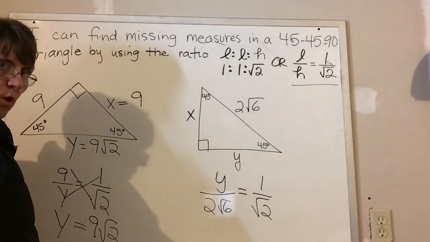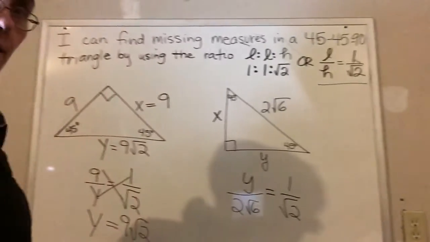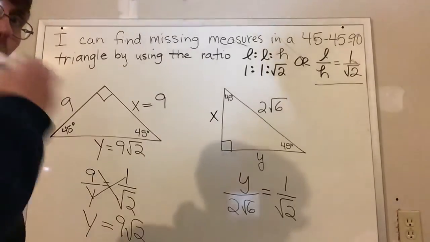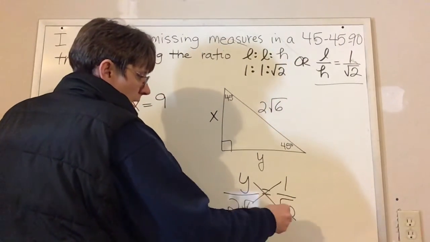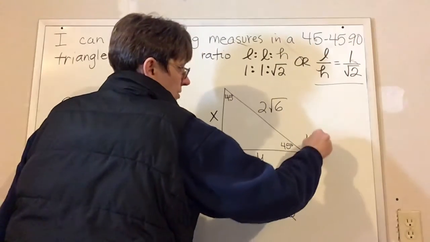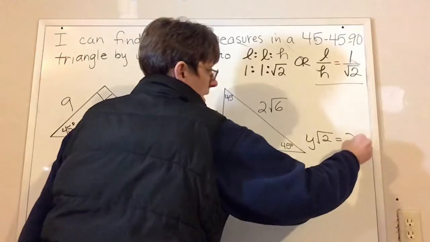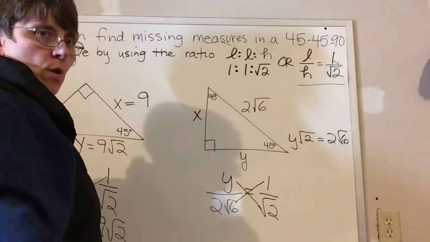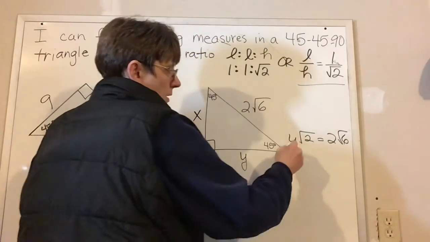This is going to be a little bit more complicated math to solve, and of course there's a glare right there at 2 times the square root of 6. I'll move it in a bit. So when I cross multiply, I'm going to have y times the square root of 2 equals 2 times the square root of 6. And right here now is why you were doing some of the work that you were doing the last couple of days with radicals, because I've got to get y alone.